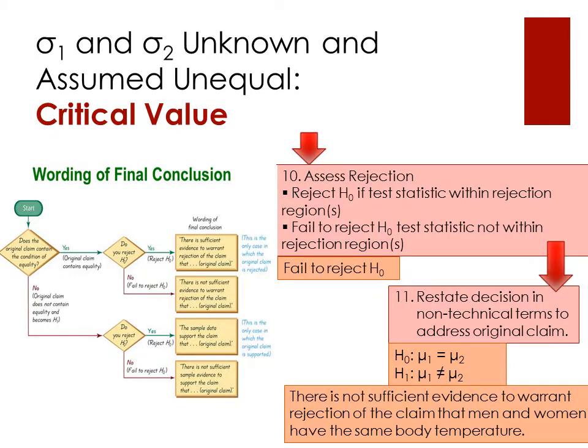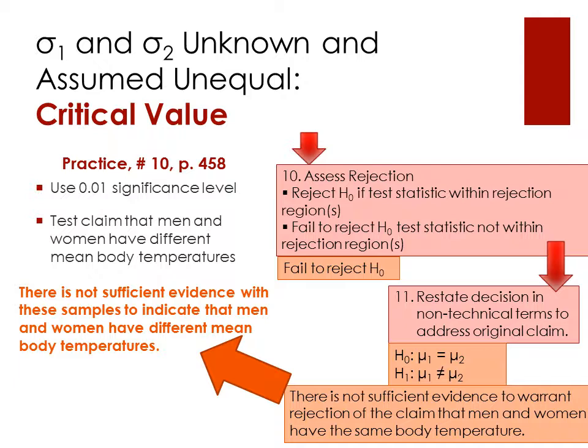And our statement is going to be: there is not sufficient evidence to warrant the rejection of the claim that men and women have the same body temperature. In other words, there is not sufficient evidence with these samples to indicate that men and women have different mean body temperatures.